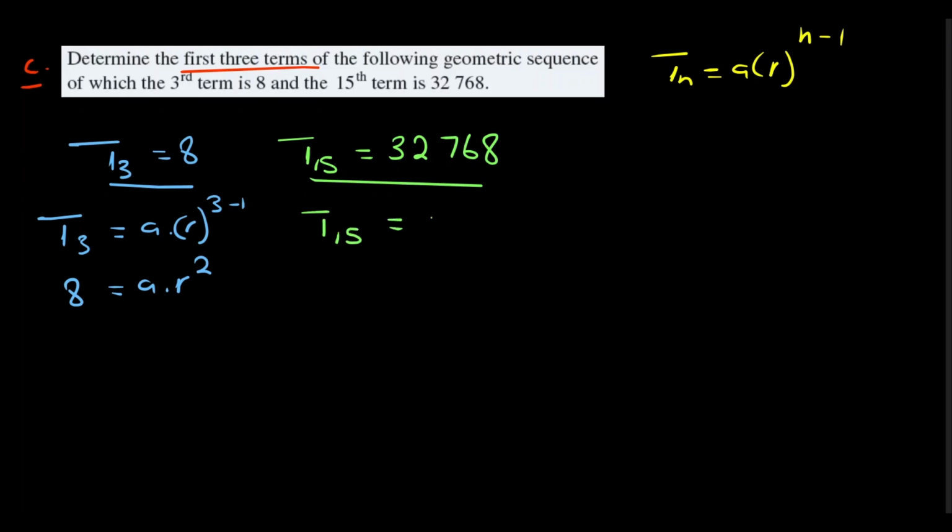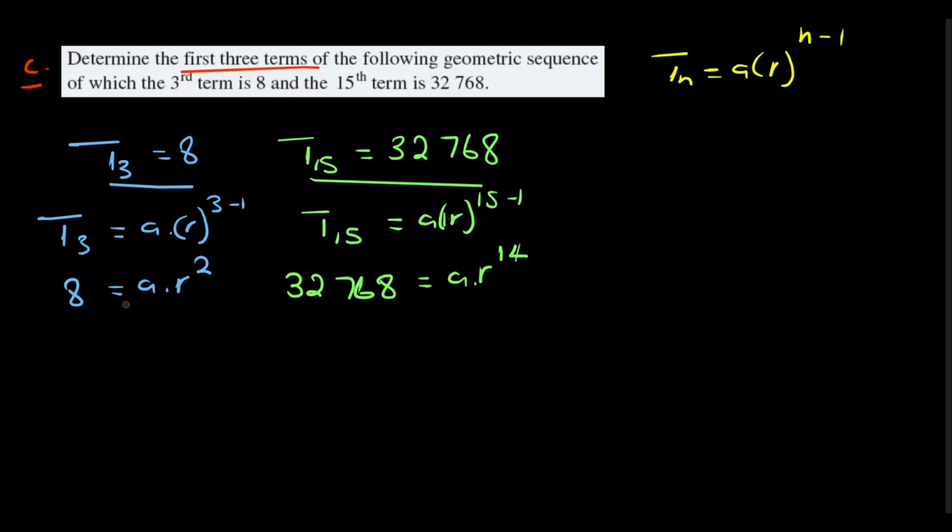The same thing for T15. T15 is equal to A times R to the power of 15 minus 1, and T15 is equal to 32,768, so A R to the power of 14. So you can see that we have 2 equations.